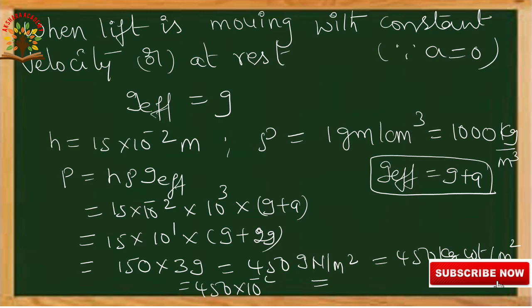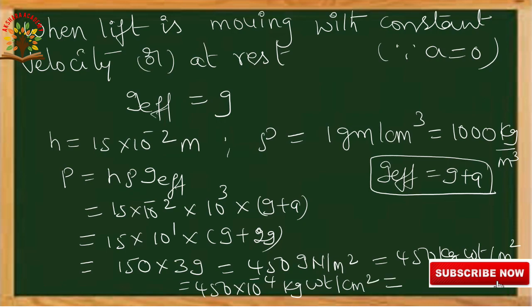Now this answer is in terms of kilogram weight per centimeter square. So the final answer is 450 into 10 to the power of minus 4 kilogram weight per centimeter square.